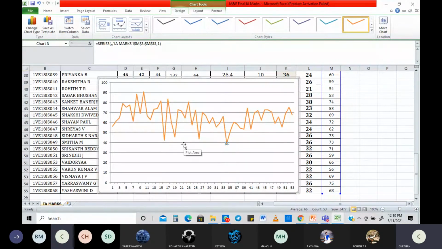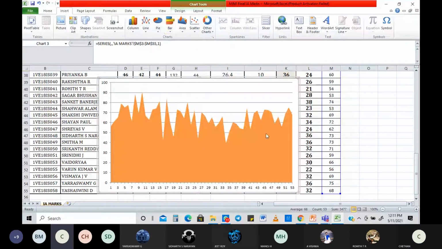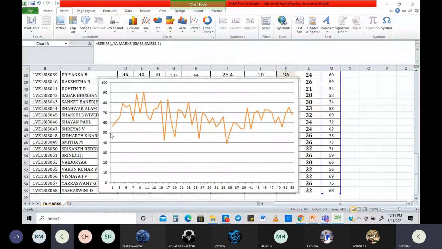Okay, if you take this and maybe plot it for, I don't know, probably an area graph. Where's the area graph? Yeah. An area graph like this, where do you think the majority of it is coming through? Or else I'll go for a line graph itself. Okay, where is the majority of the people coming through? The majority of the people are basically between your 50 and probably very few people touching 80, so 70.